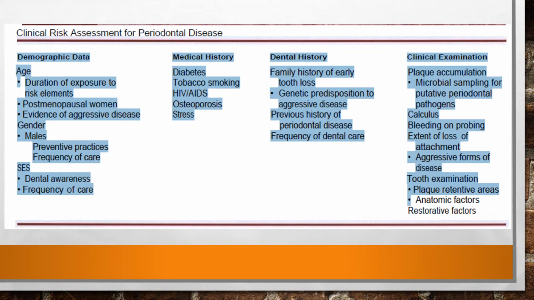Then under dental history, family history of early tooth loss, any genetic predisposition to aggressive disease, previous history of periodontal disease, frequency of dental care. Under clinical examination, plaque accumulation, calculus, bleeding on probing, extent of loss of attachment. Under tooth examination, plaque retentive areas, anatomic factors, and restorative factors.